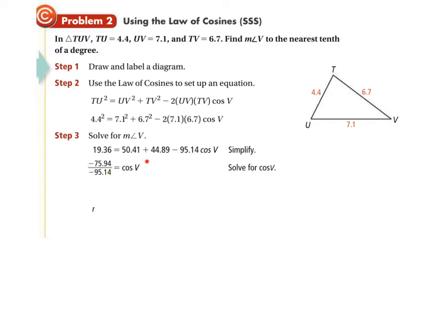So you can use the arc cosine or inverse cosine to find out what V is. You're going to say the inverse cosine of that ratio will give us what angle? And we find out then that the measure of angle V is approximately equal to 37.04.